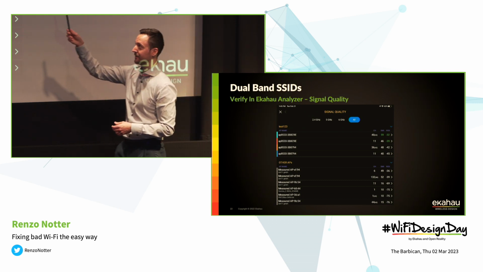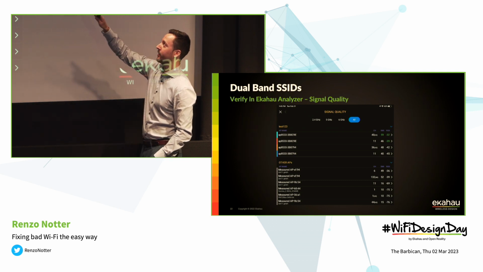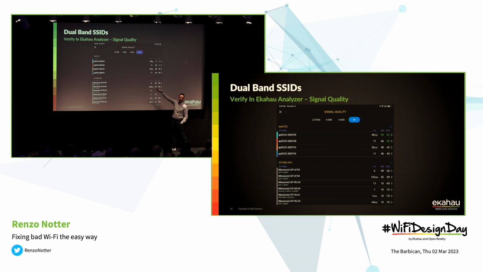And to analyze this as well, we can go into our Analyzer app and analyze the signal quality itself. We can click through the different frequency bands, right? So 2.4, 5, and 6, and it shows us if the SSID that we are analyzing is in any of these bands. Or if we select all, we can really see on one list if an SSID is on multiple frequency bands or not.